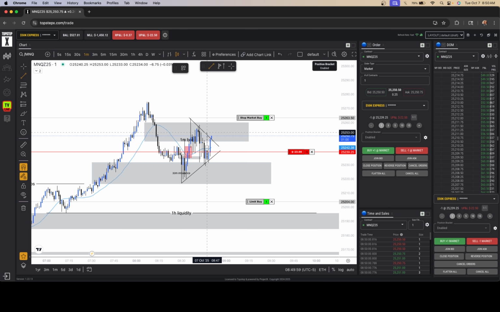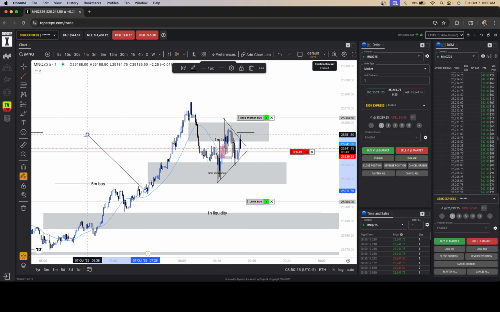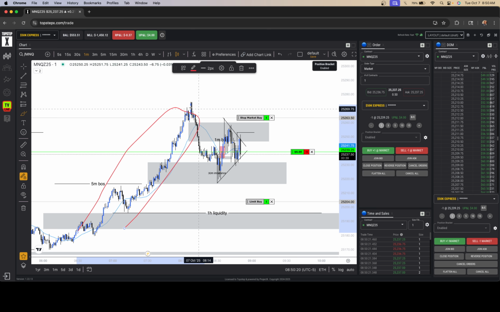I would love to see this candle hold us to push further down. We're still getting some strength out of the lower end of this triangle pattern, so we'll see. We also have this pretty strong leg up. I don't know if this is forming a bullish flag here or what.